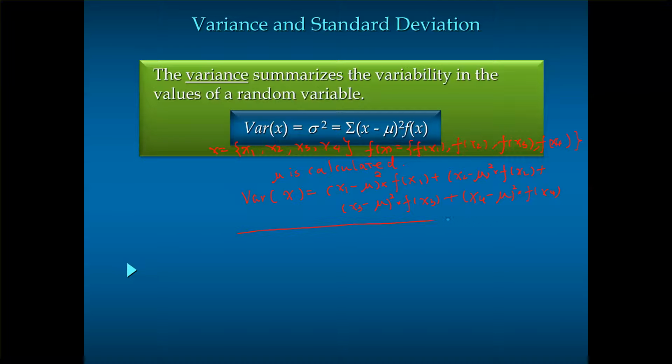This is the formula you need to use to calculate the variance for x when there are four possible outcomes for the random variable x.